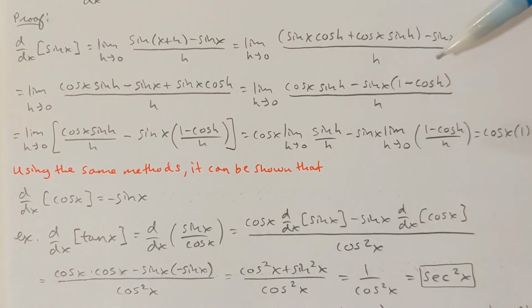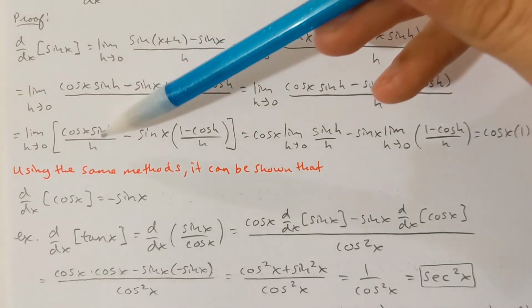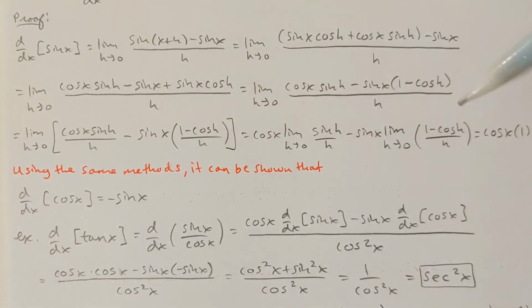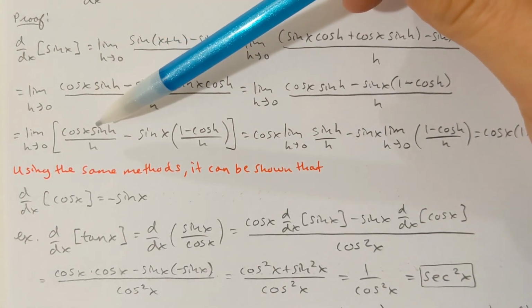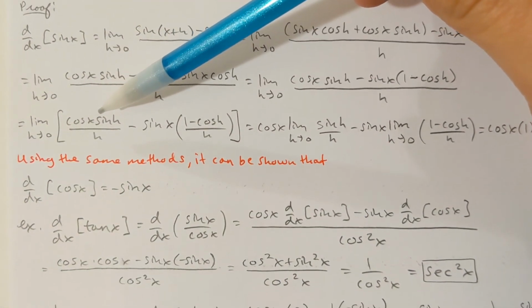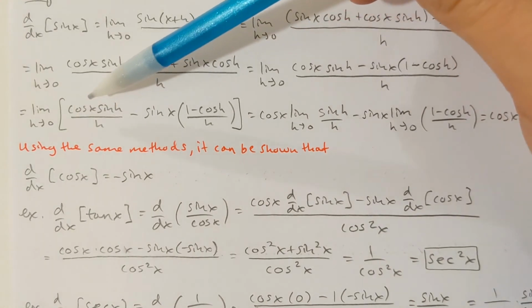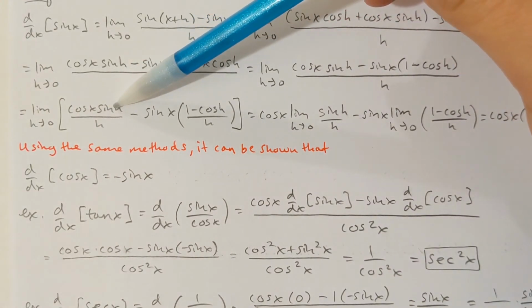Okay, now the next thing I'm going to do is split this single fraction into two fractions. And you can also split that into two limits then. So the first limit here is the limit as h approaches 0 of cosine x times sine h over h.